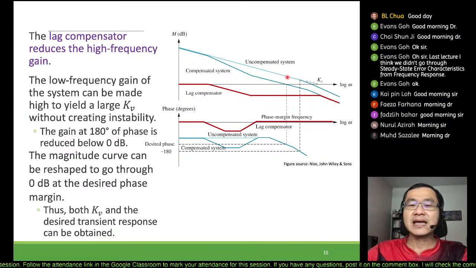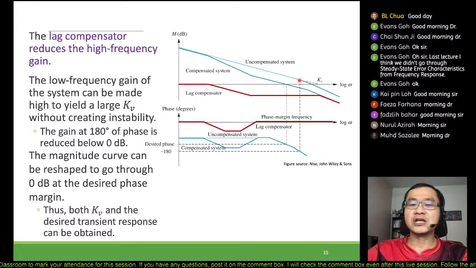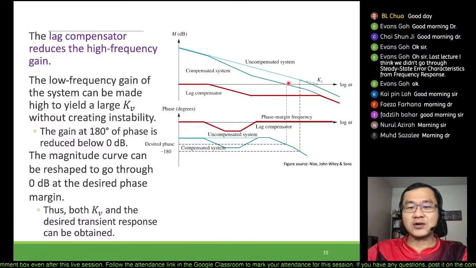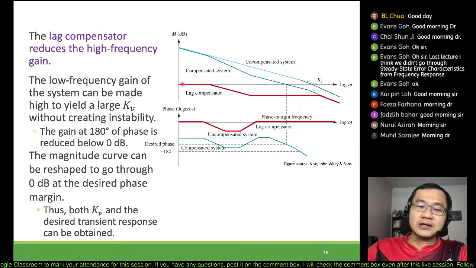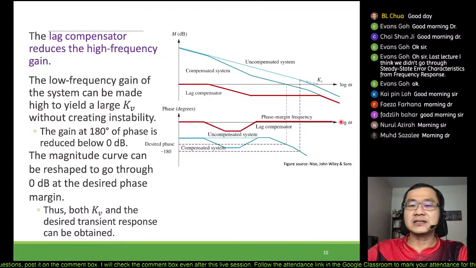So this is the idea behind how the shape would change when we adjust the phase margin, the phase value, as it is reflected on the magnitude plot later on. And the red line itself is representing the lag compensator's phase as well as the magnitude, right?